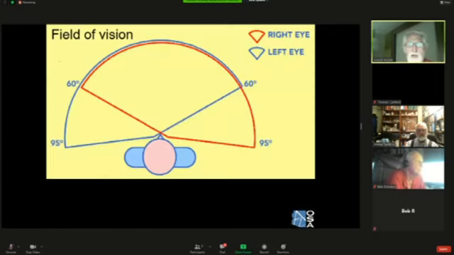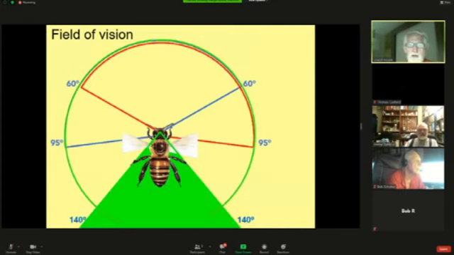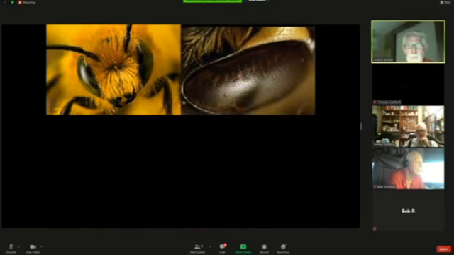And so here is the field of vision of the human being with a total of 190 degrees. So we can see just a little more than halfway around. But in comparison, the bee sees 280 degrees because their compound eyes are located on the sides of the head rather than in the front as it is with us. So they have a tremendous range field of vision there.